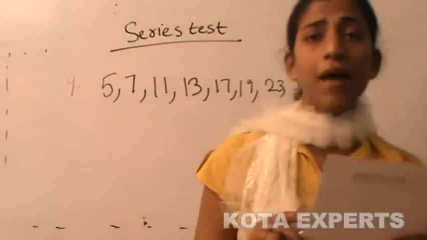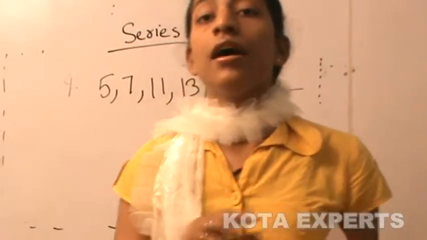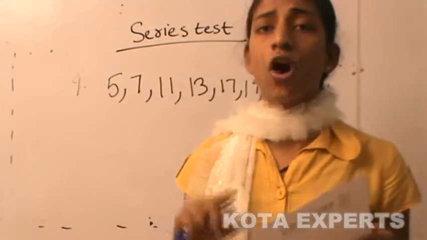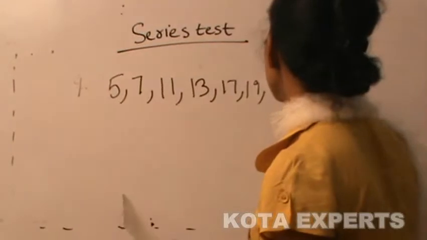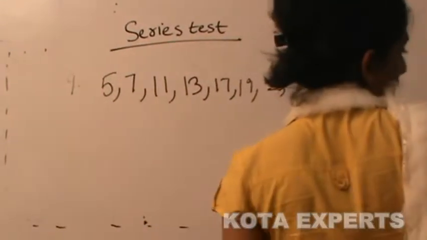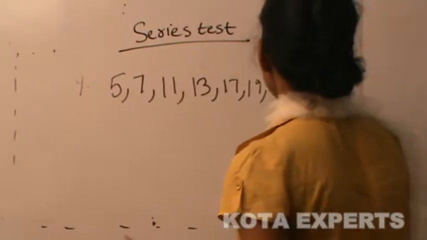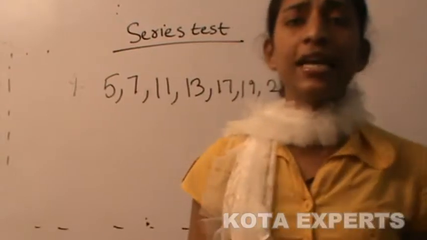No. It is not a prime number. It is divisible by 9. 29. It is not divisible by any number. It is divisible by its own table only. So 29 is a prime number. So your answer is 29.